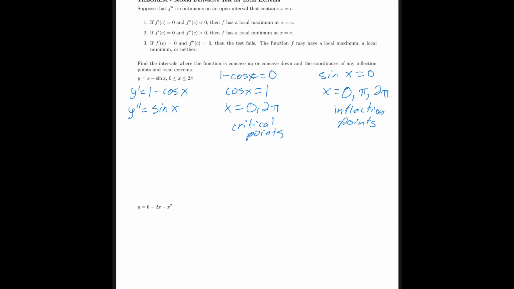Okay, and so we can try to use this information together to figure out where this graph is concave up, concave down, and the local maximum and local minimums.